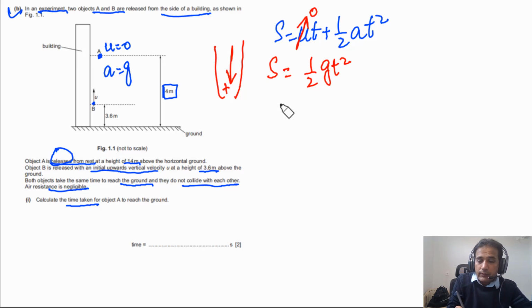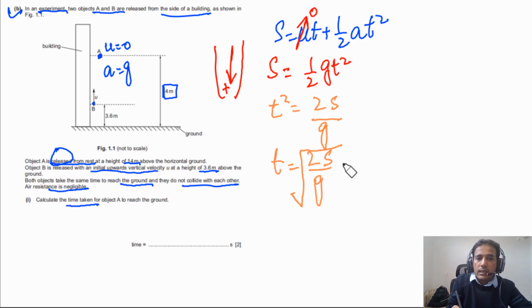So now we can simplify this one for the time. So we can say t square will be equal to 2s divided by g. From here we can say t will be equal to the square root of 2s divided by g. Now simply we need to plug in values.